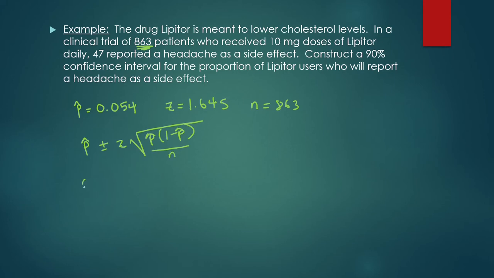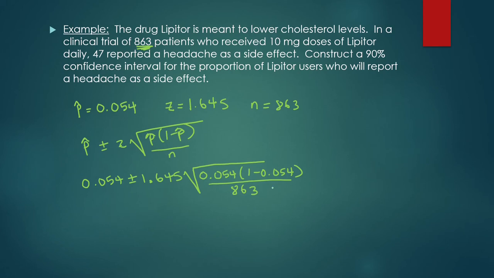P hat was 0.054 plus or minus 1.645 for z times the square root of 0.054 times the quantity 1 minus 0.054, divided by the sample size 863.